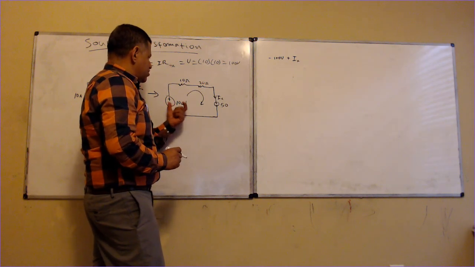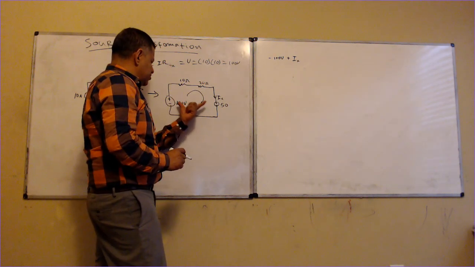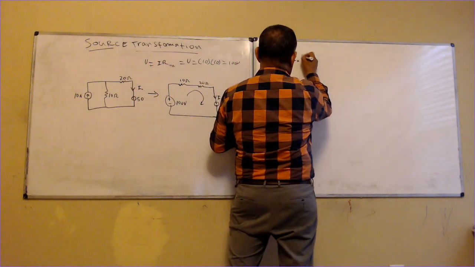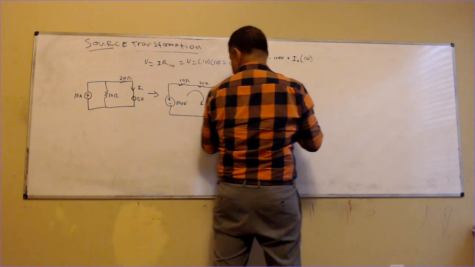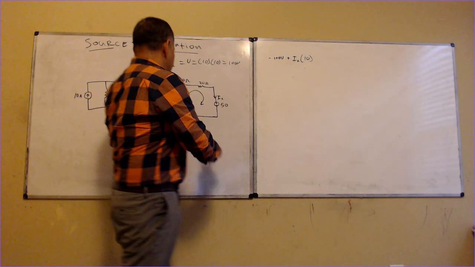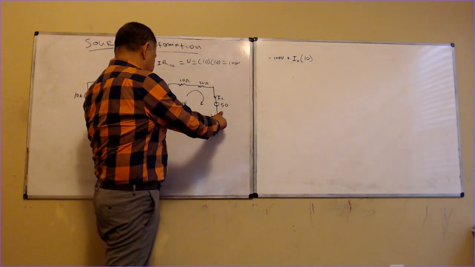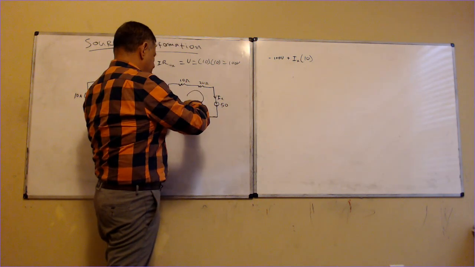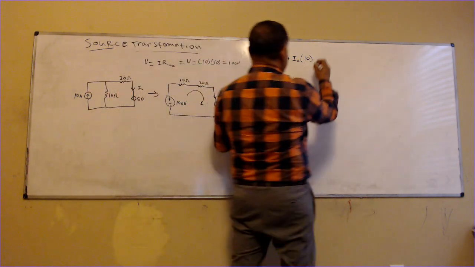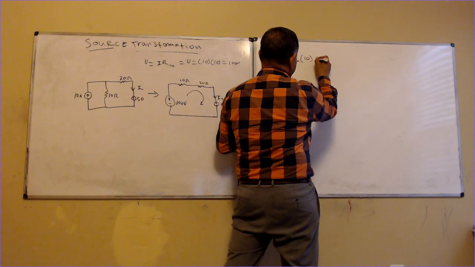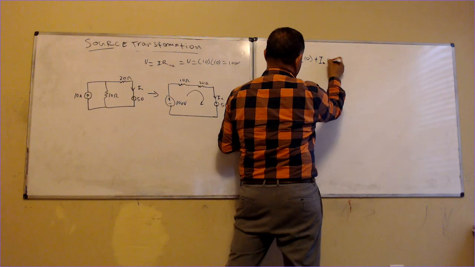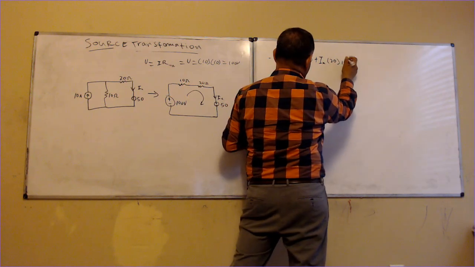Because we have two voltage sources in series, I am using KVL. Those voltage sources are in series, and those two resistors are in series, so therefore plus Ix times 20 ohms, minus.